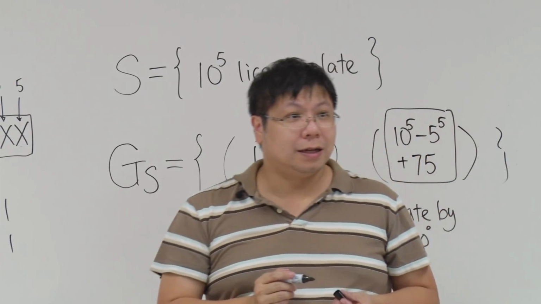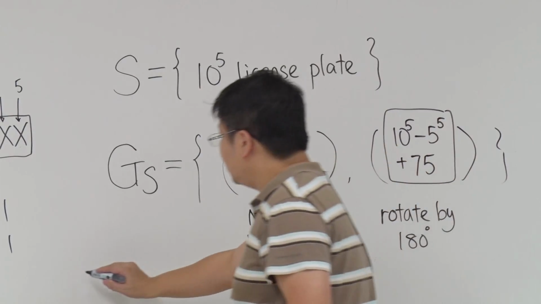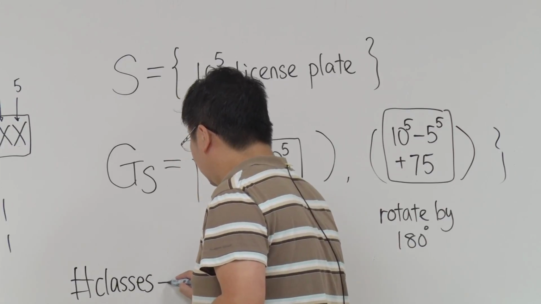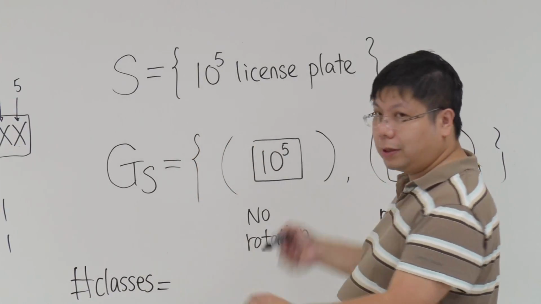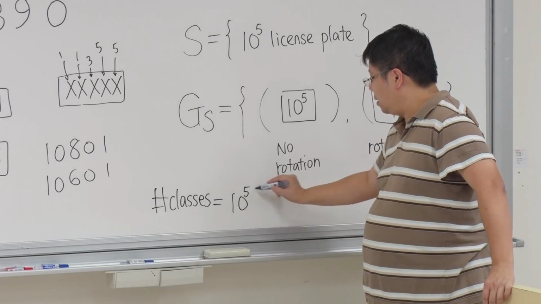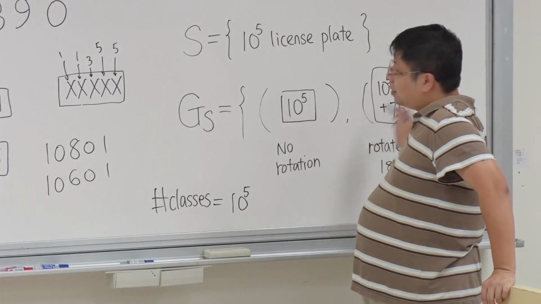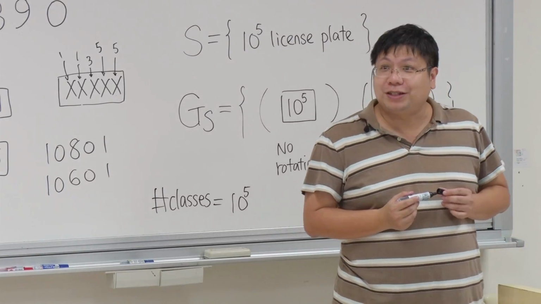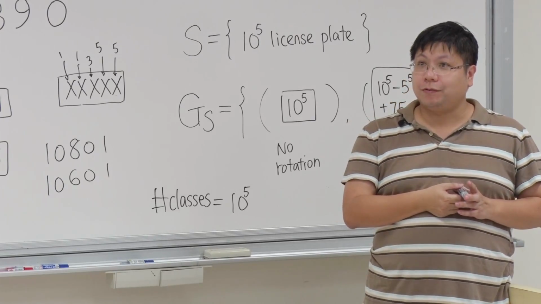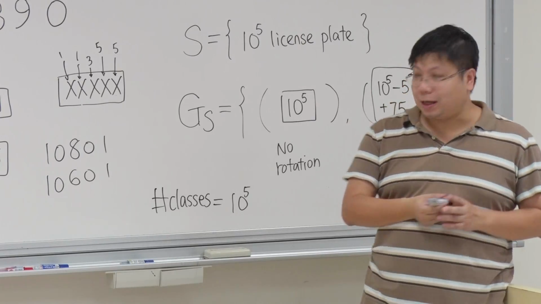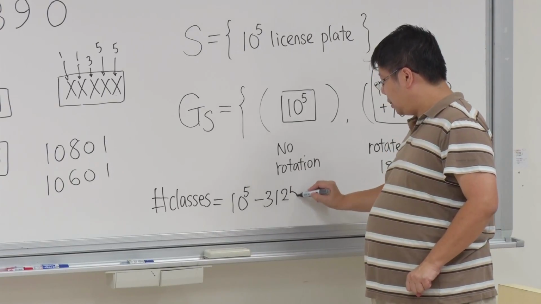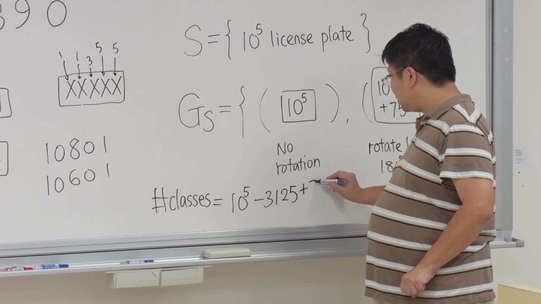Okay, so the number of classes that we have is going to be, you add these two, you divide by 2. You add these two, so you get 10 to the power 5. And then 5 to the power 5, how large is this number? 5, 25, 125, 625, 3125. So you are going to minus 3125. And then you are going to add back 75.